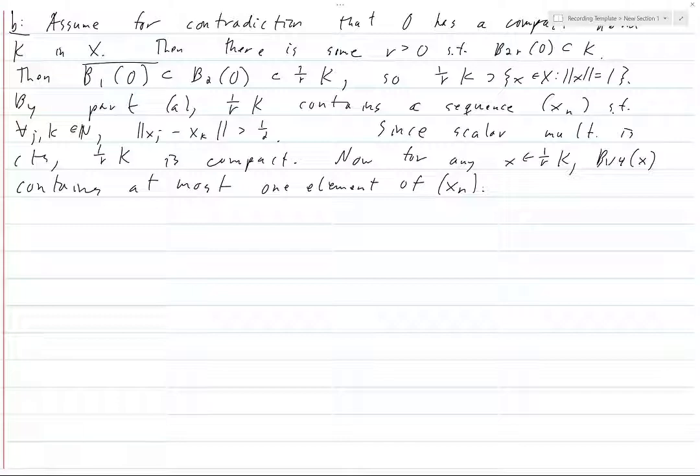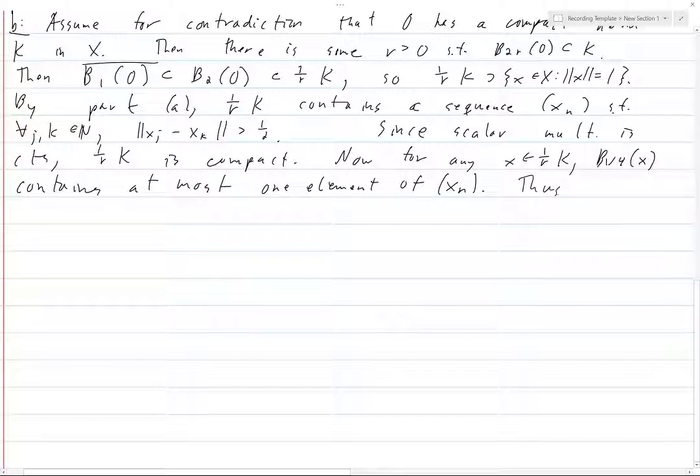That's because the distance between any two elements of the sequence is at least 1/2. If you have a ball of radius 1/4, you can't have two elements in there, because then the distance between those two would be less than 1/2, which is not allowed. You could use 1/5 if you want to be really safe, but I like to live on the edge.